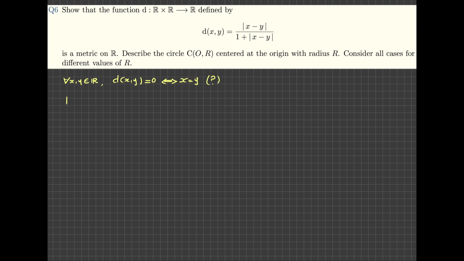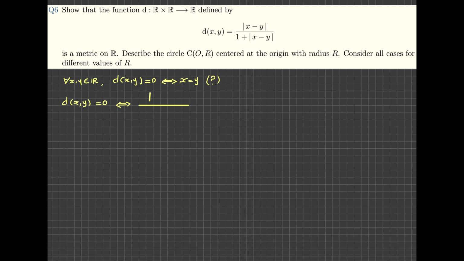Okay, so let x and y be in R. d(x, y) is equal to 0 if and only if the absolute value of x minus y over 1 plus the absolute value of x minus y equals 0.